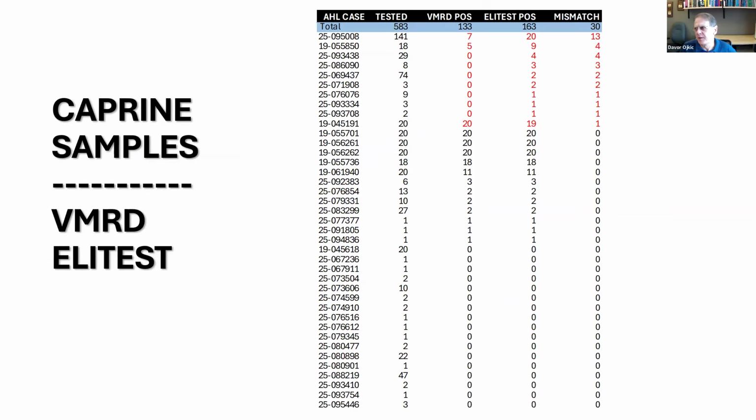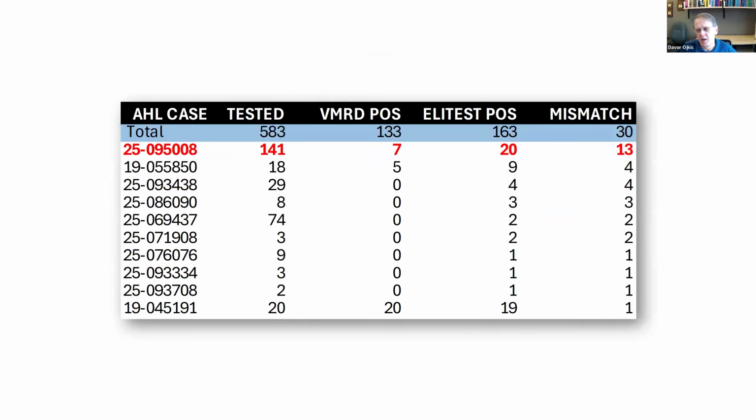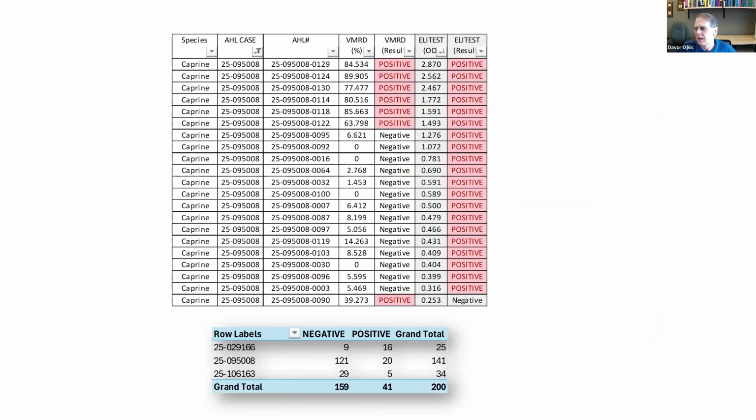And here on the top of this, and it's actually kind of small, but I'll zoom in here, there were 10 submissions in which the results, or number of positives, did not match between VMRD and the ELITest. So I started looking case by case because I wanted to see what's happening with those ones. Are these big differences? Are they around the cutoff, or what is it that's making them so different? So this is an example of a submission of 141 samples.